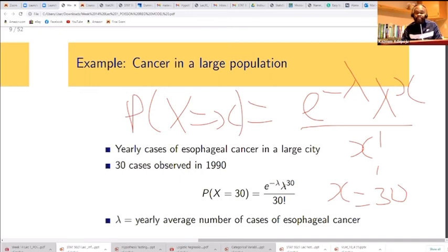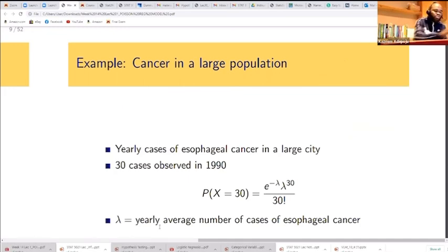What is my lambda? I called lambda the intensity parameter the other time. And of course, this lambda is an incidence rate. This lambda here is going to be the yearly average number of cases of esophageal cancer. Take a look at that.